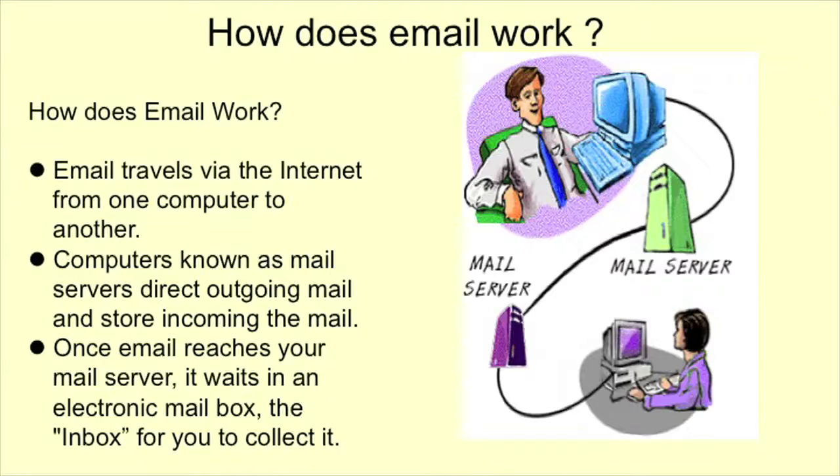The email does not go from you to me directly. If I send you an email from Triumph Meadow, the email does not leave my system and come to your system directly. It must pass through a server.